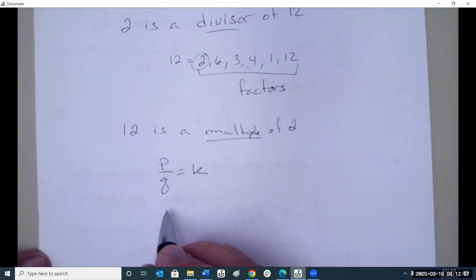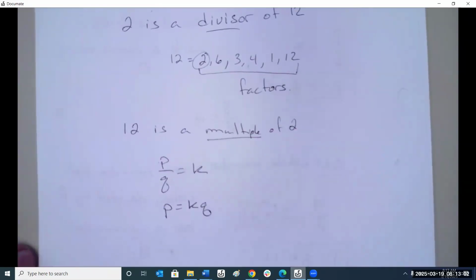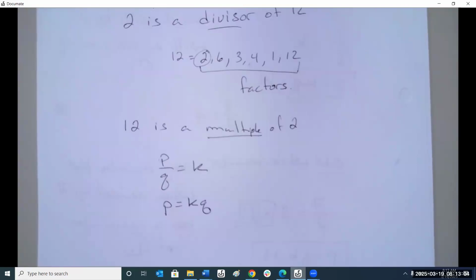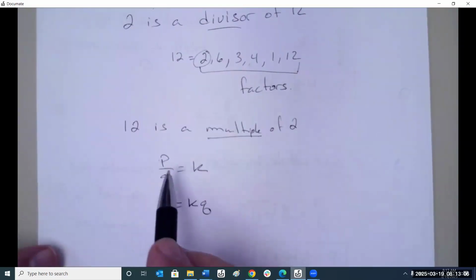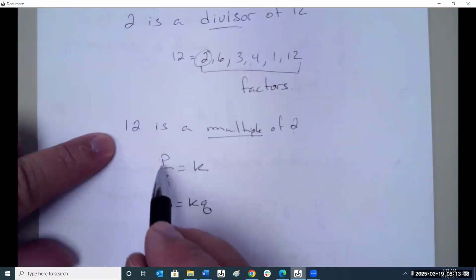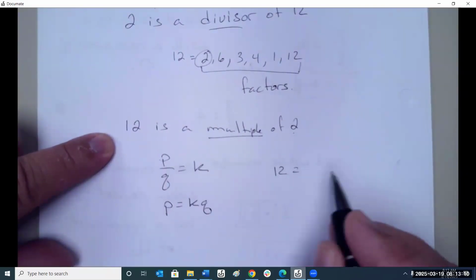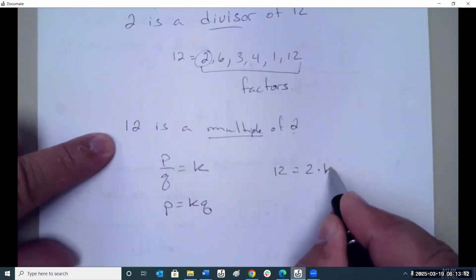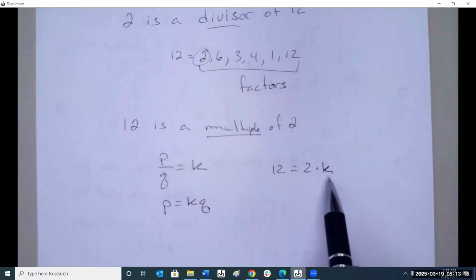If we multiply both sides by Q, so what this thing says is 12 is a multiple of 2. So 2 times something equals 12. That's what it means.